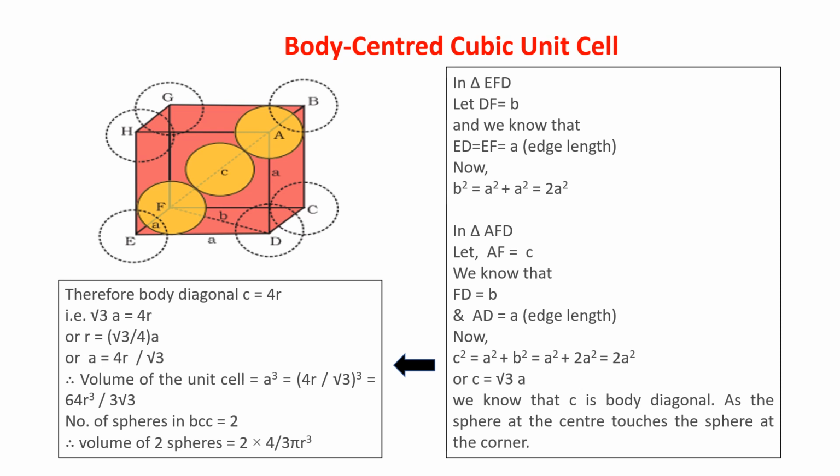How do we calculate the packing fraction for this type of cube? See triangle EFD. In this triangle, the edge length is a. EF is equal to ED is equal to a, the edge length of this unit cell. Now, in triangle EFD, FD is equal to b.